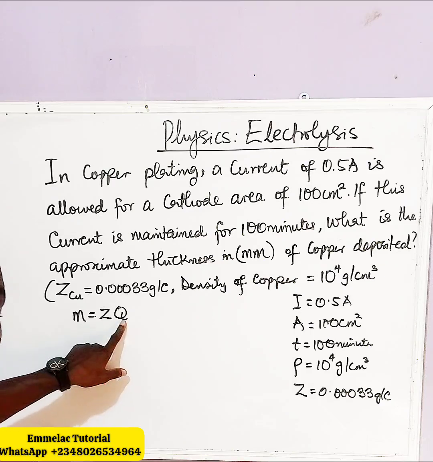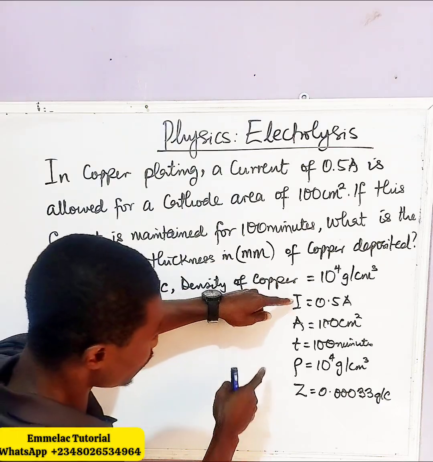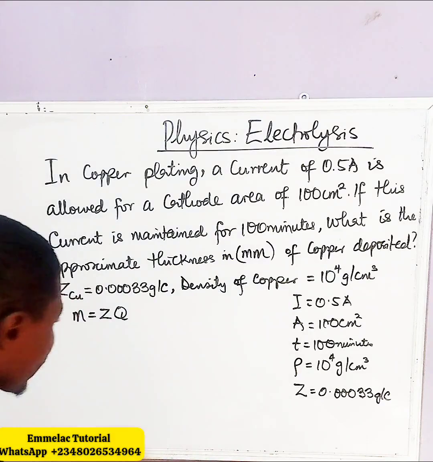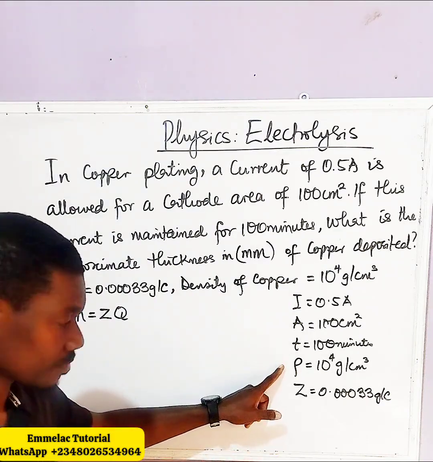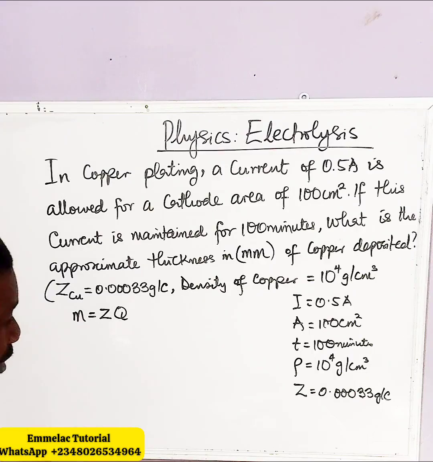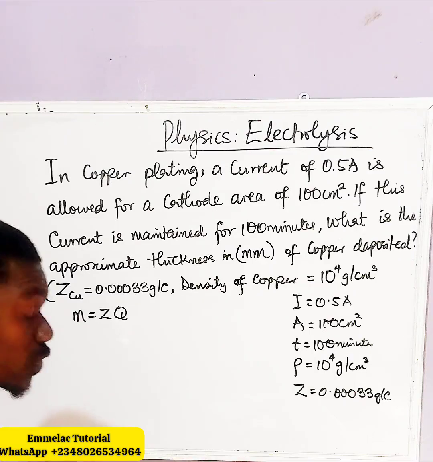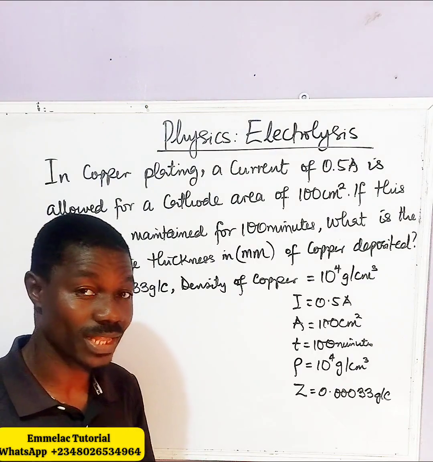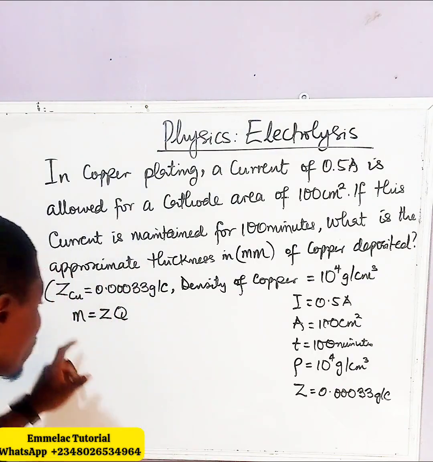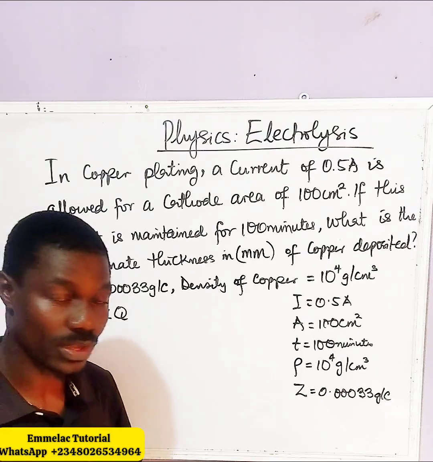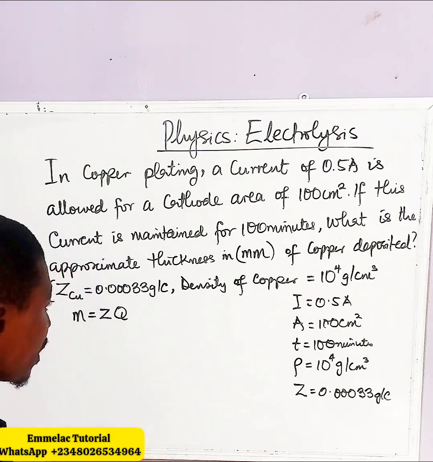However, we can get the quantity of electricity by the product of current and time. Now density. So how do we go about it? First of all, we will need to also recall some other formulas that are interconnected with one of the parameters, for us to start going through.